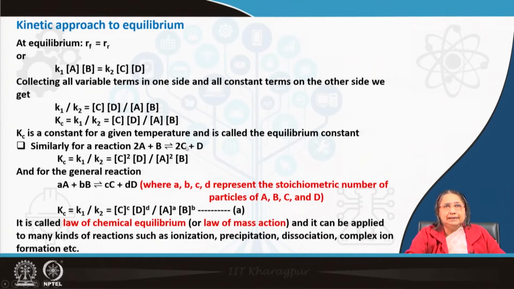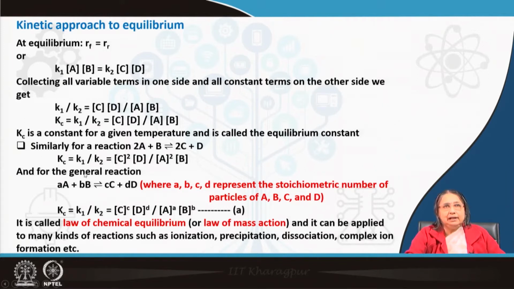Considering a reaction where it is not 1:1 but 2:1, for example 2A plus B giving 2C plus D, K1 by K2 is nothing but concentration of C square into concentration of D by concentration of A square into concentration of B.